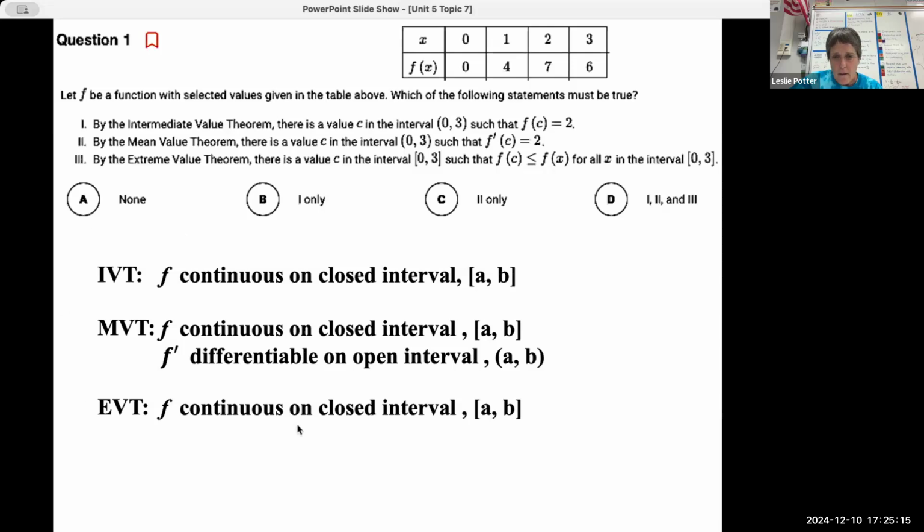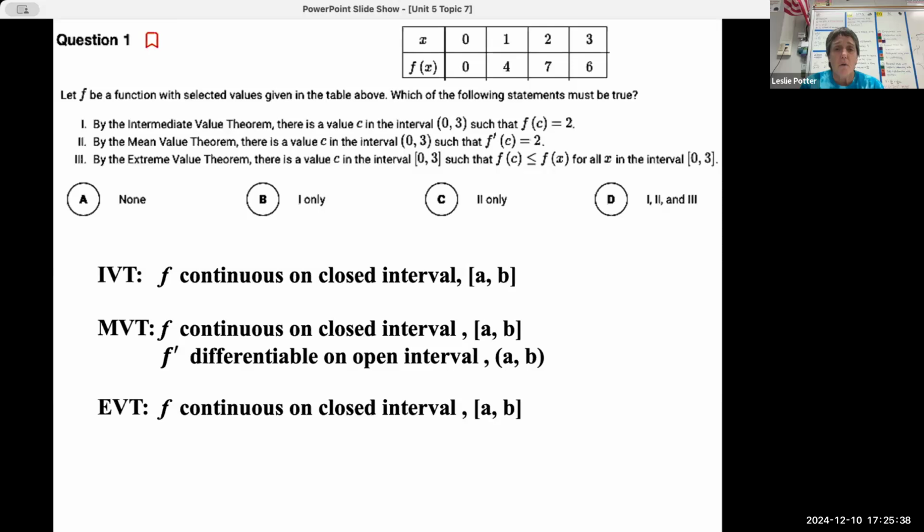So looking at this big picture, the only one that needs to be differentiable is the mean value theorem. That's the one where we have to calculate the algebra slope, and that's why it needs to be differentiable, because we're finding locations where the derivative matches that value. The other 2 don't need to be differentiable, but all 3 of them need to be continuous.